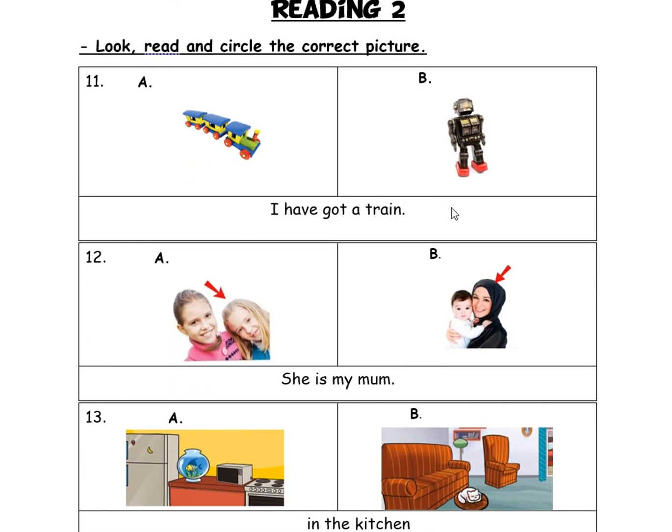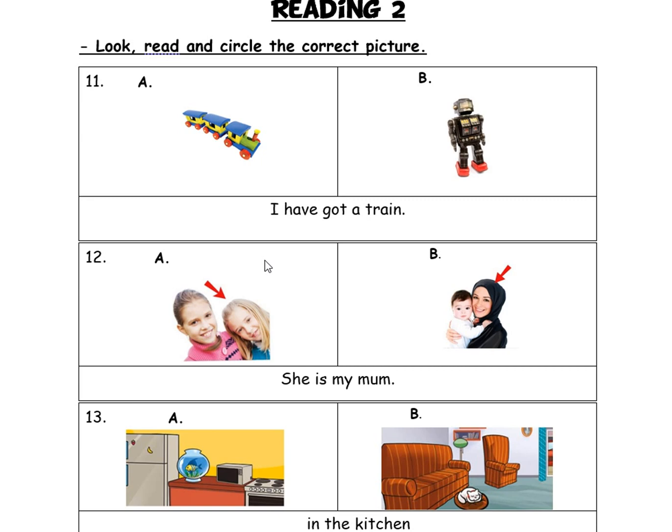In this question or activity, we have two pictures and one sentence or phrase. Okay? So, let's read first of all the sentence, then we choose the right picture. I have got a train. So, where is the picture for that? Is it A or B?